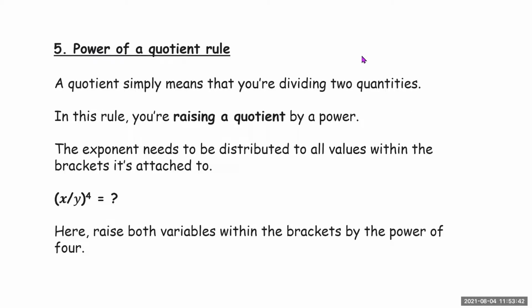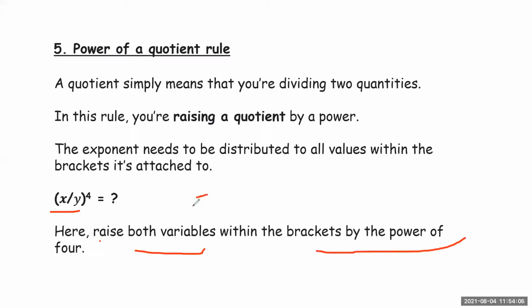That means we have a division that is raised to some power, like this one. You have the quotient x divided by y, and the whole thing is raised to the power of 4. So what we do here is raise both variables within the bracket to the power of 4.